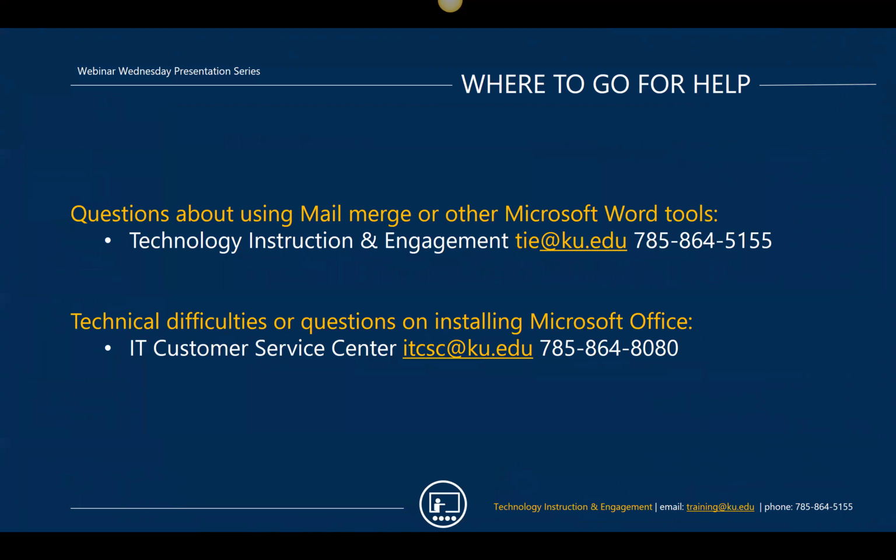If you're having technical difficulties or you have questions about installing Microsoft Office, you can contact our IT Customer Service Center. And then again, if you need help printing with your MFD, or if you want to set up any of those print queues, you can contact your tech support staff and they'll be able to help set that up for you.